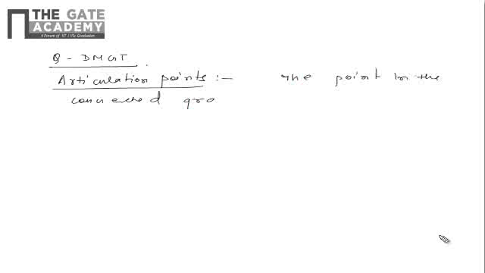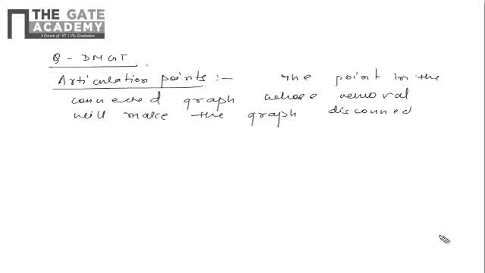Whenever you remove a point from a connected graph and by the removal of that point the graph becomes disconnected, then that point is called an articulation point. So the point in the connected graph whose removal will make the graph disconnected is called the articulation point.